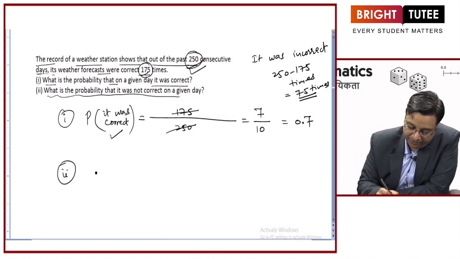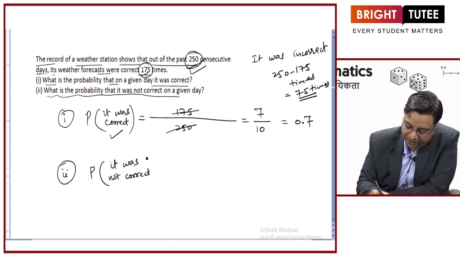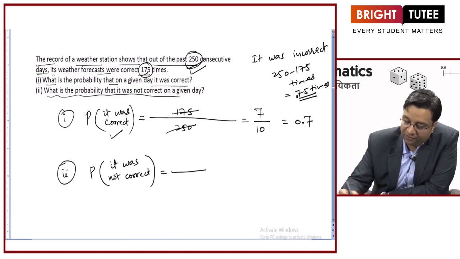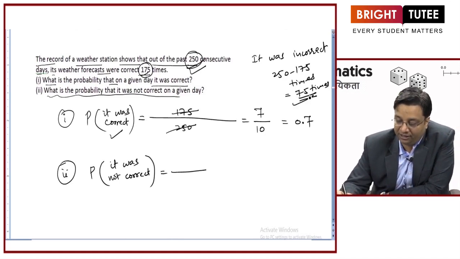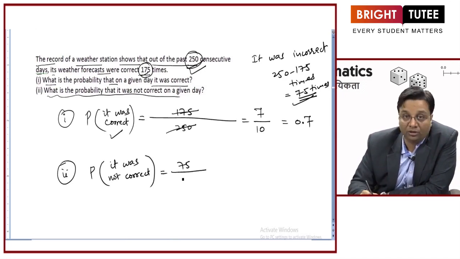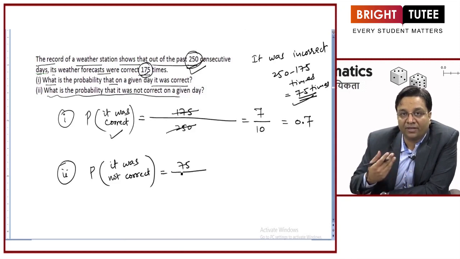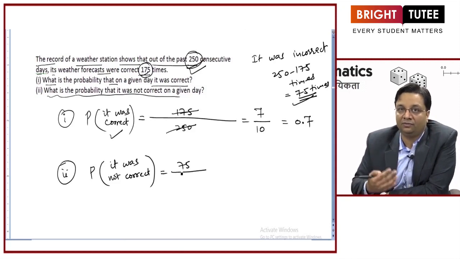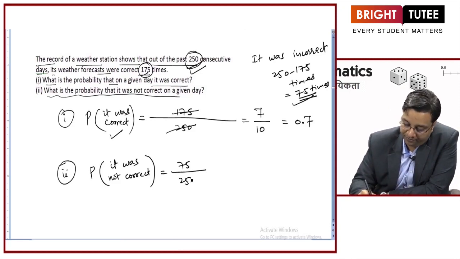So probability that it was not correct is equal to the number of times that event occurred, which in this case is 75 times it was not correct, divided by the total number of times the experiment or observation was performed, 250.